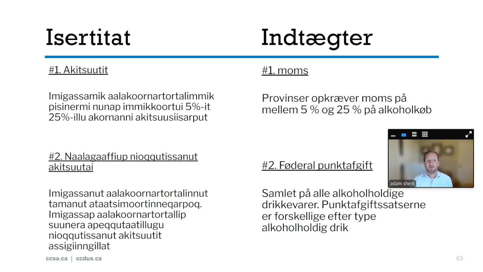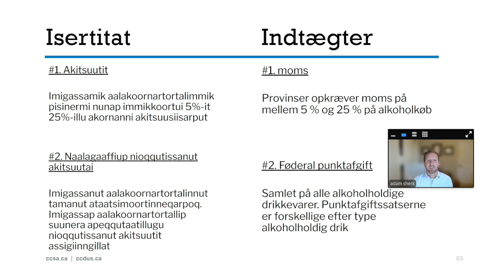Each province and territory is responsible for setting its own tax rate. So you can see that this is quite a range, between 5% and 25%. This is one policy that provinces can deploy towards helping to mitigate the harms of alcohol or generating more revenue as they see fit.